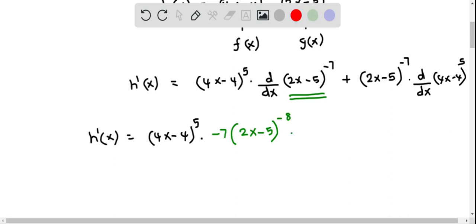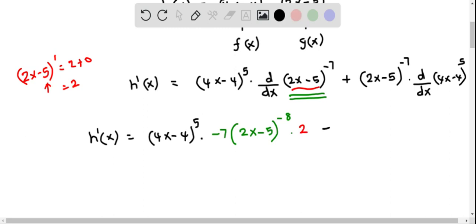And then now we have to apply the chain rule to find the derivative of 2x minus 5. The derivative of 2x minus 5 equals the derivative of 2x, which is 2, and the derivative of negative 5 is constant, which is 0. So it's basically 2.